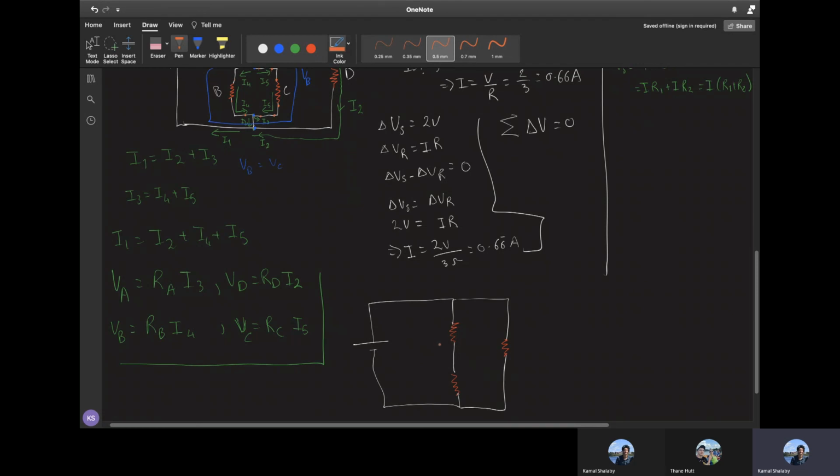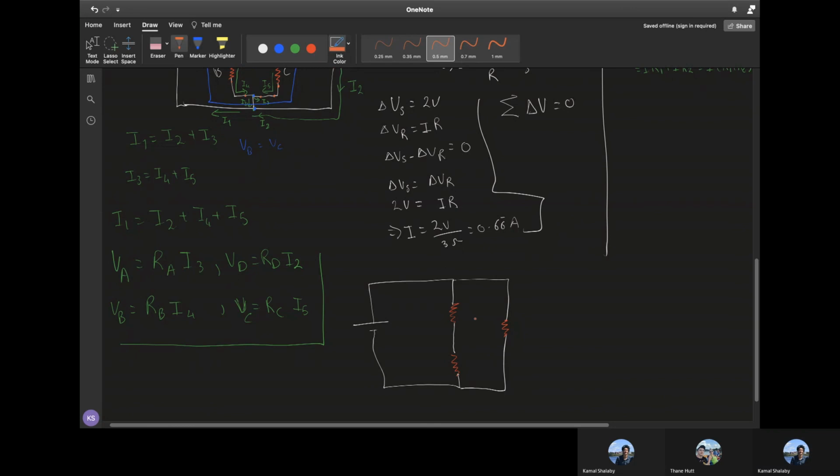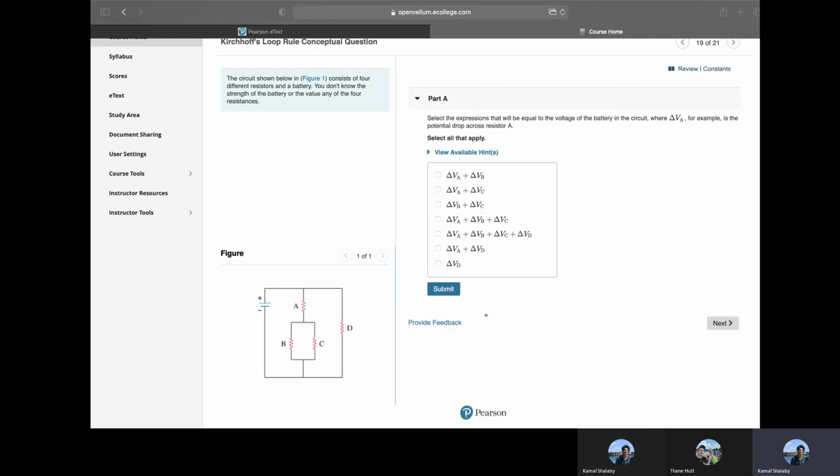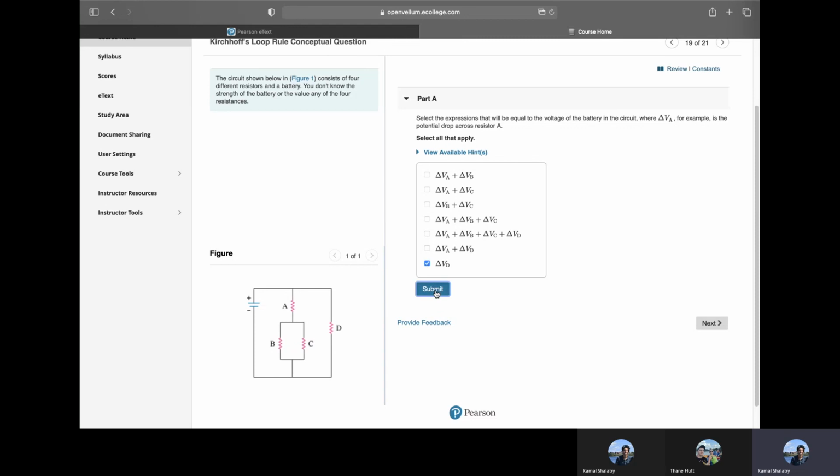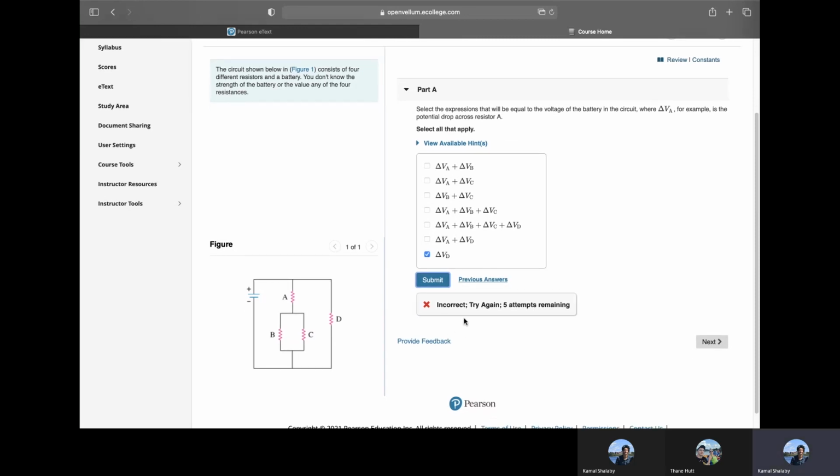So since now we have two potential differences and they are in parallel to this one, they would have the same potential difference. So just simply then S is equal to D. Oh, it's wrong. Okay, S is equal to D. This should equal that.